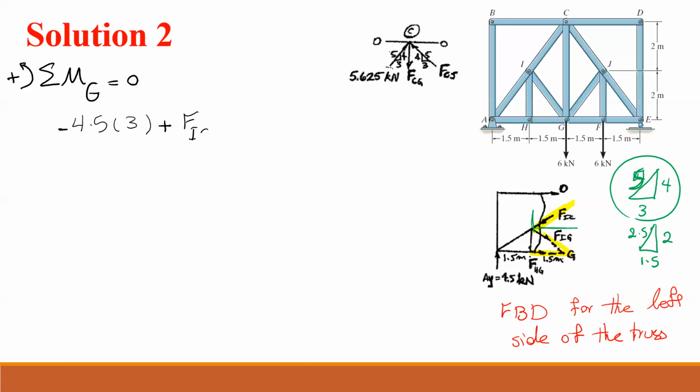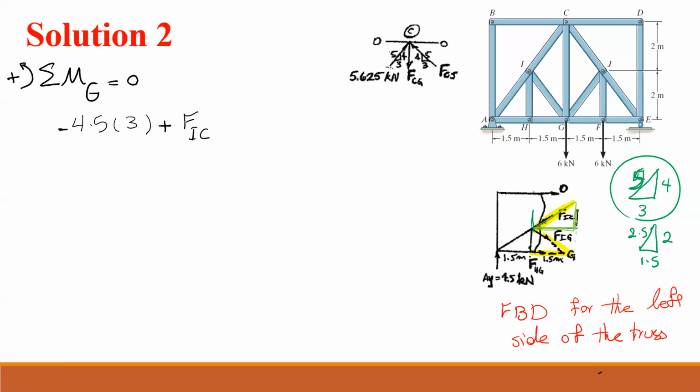All right, so FIC. I'm getting the moment about G. So one of these components, the X component, doesn't have any moment. One of these passes through point G, so it doesn't have any moment. The other one can make a moment.